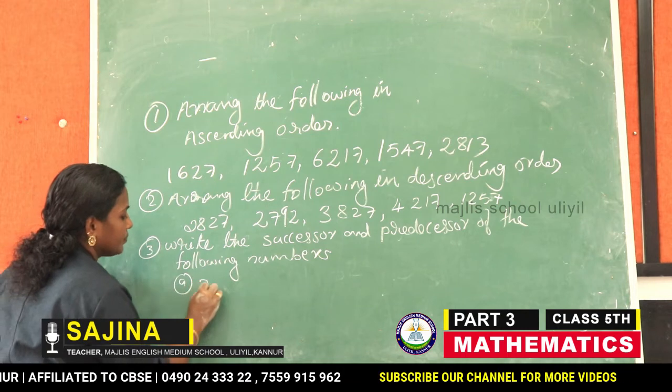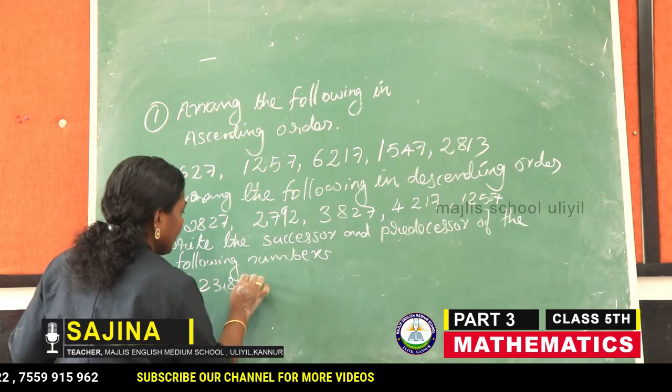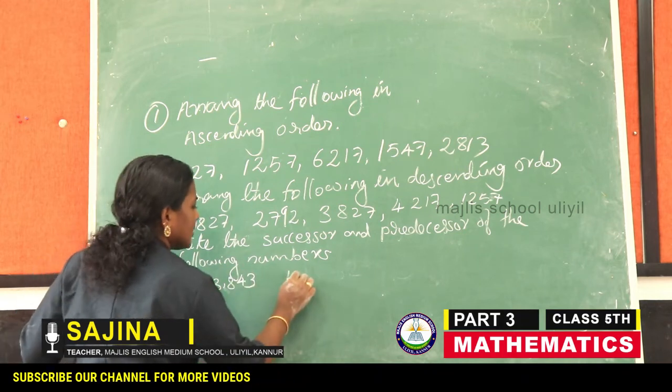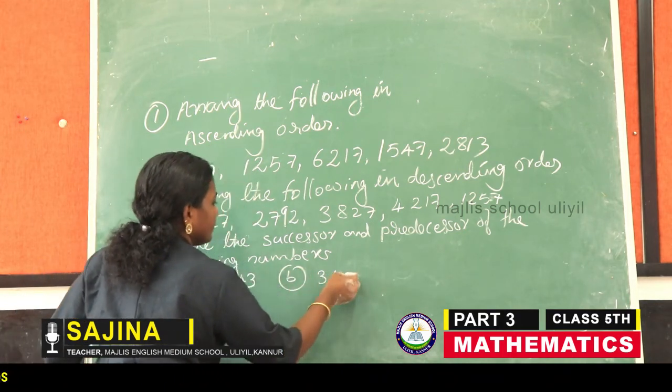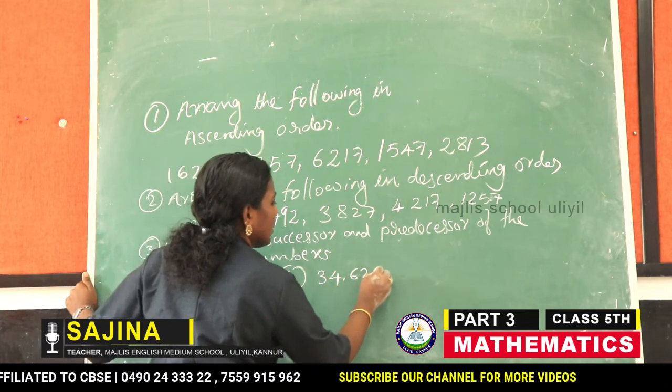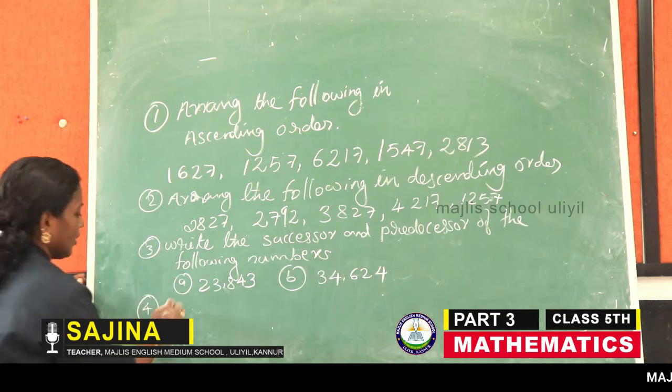First one, 23,843. Second one, 34,624. Next, fourth question.